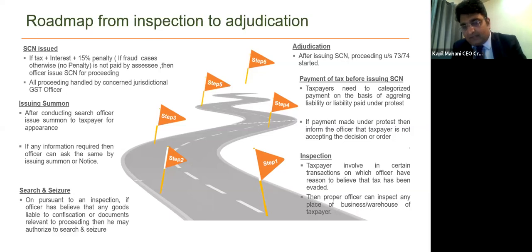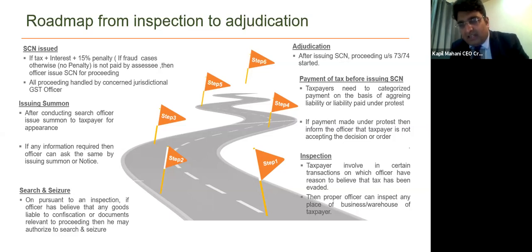And just after the search and seizure, they take specific advantage of the threat and the powers they have in terms of arrest and others, pressurizing the assessee or taxpayer for payment of tax before even the issuance of the show cause notice.